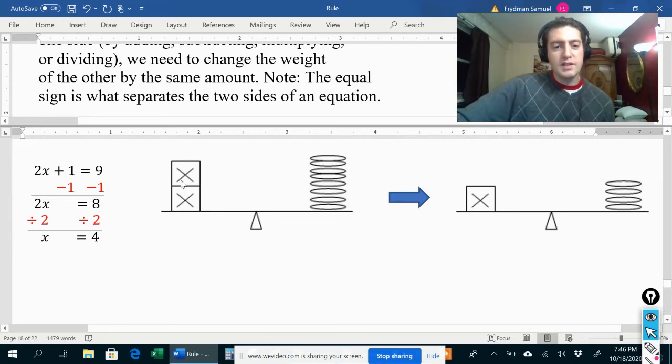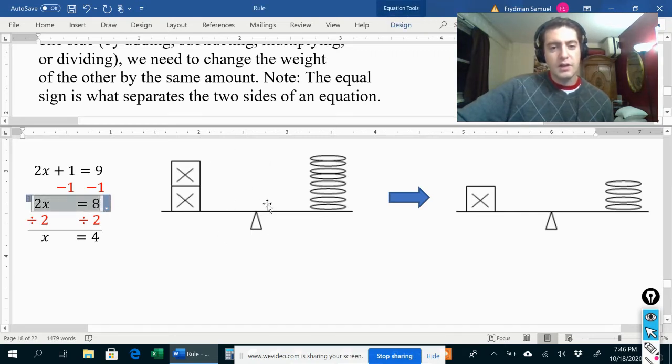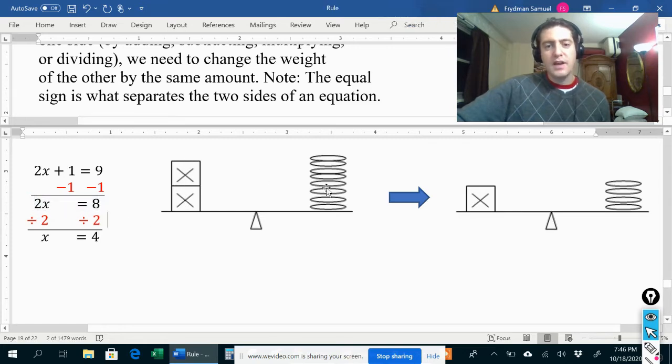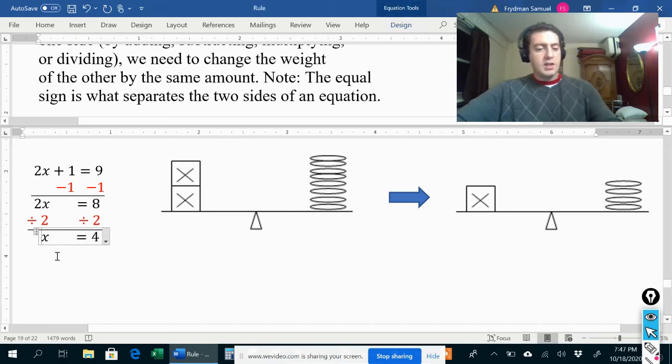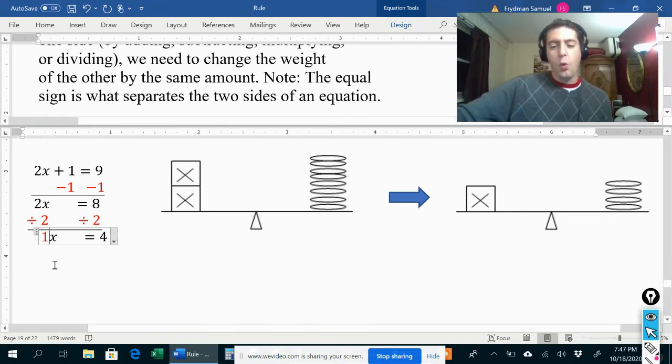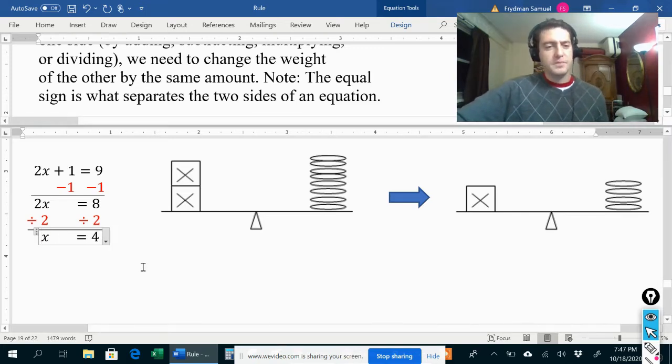Okay, so now if we started out with 2x equals 8 over here, and we divide both sides by 2, so we're cutting this side in half and cutting this side in half, then on the left side we only have 1x, so that's what I wrote over here. If you don't see a coefficient in front of x or y or whatever letter you're using, then it means that there's just one of it, but we normally don't write the 1. So I have 1x on the left side exactly balancing out 4 stones on the right side.